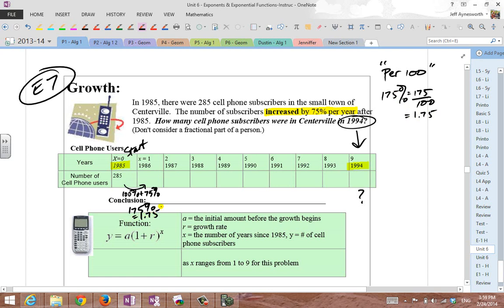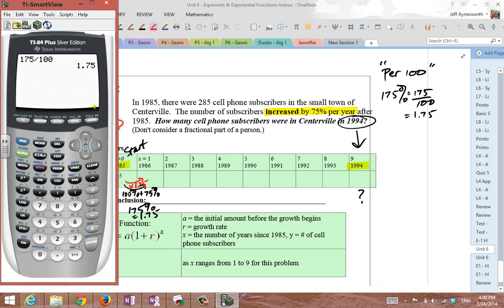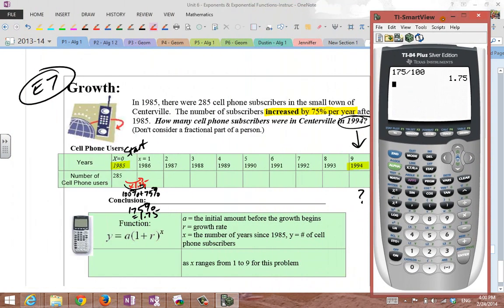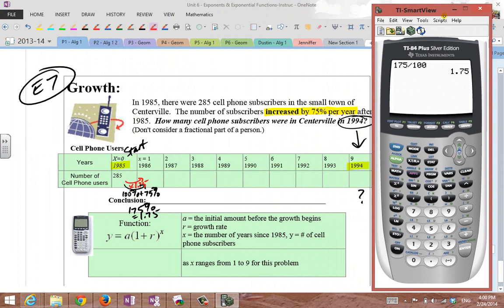So what we need to do is calculate 175% of 285. You want to multiply by 1.75. Let me put that in red. So from here to here, I'm going to multiply times 1.75. And what do we get? Well, let's do that on the calculator. We get to use the calculator to our advantage. So let's learn how to use it in all kinds of situations here.